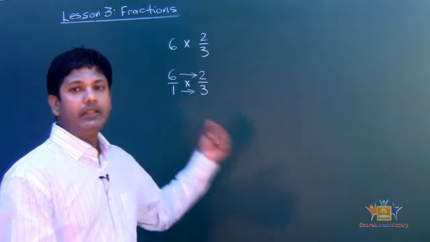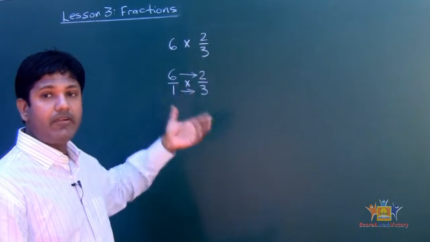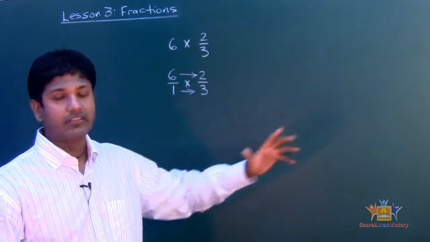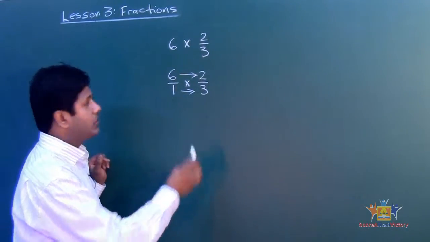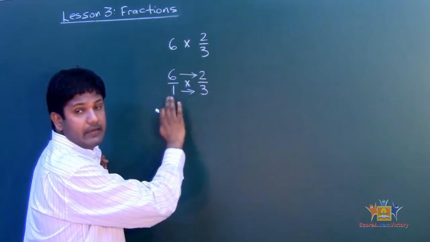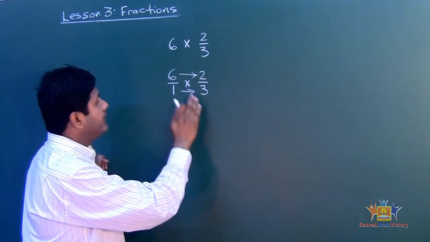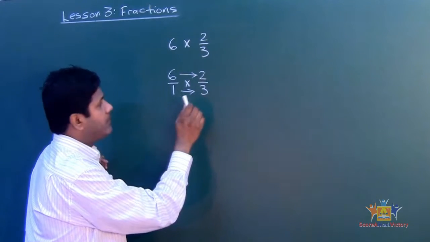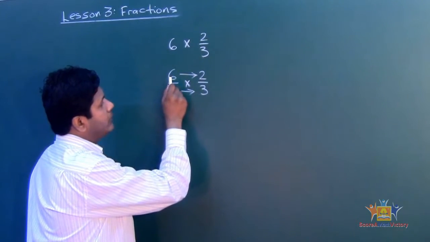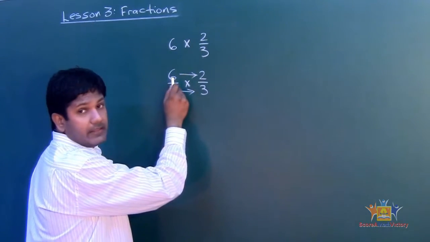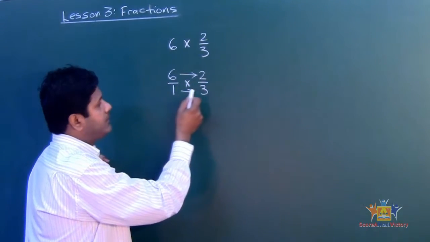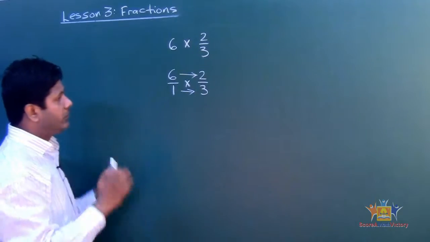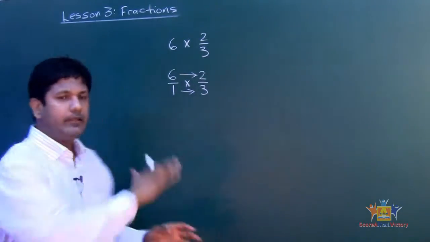Once we do that, we can add or subtract the numerators and carry the denominator across. But with multiplication, it's not that way. You have to have 2 fractions on both sides, and then you use a double arrow. The numerator on this side multiplies with the numerator on this side, and the denominator on this side multiplies with the denominator on this side. So that's what the double arrow is about. It just goes straight.